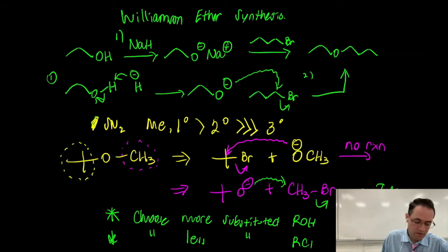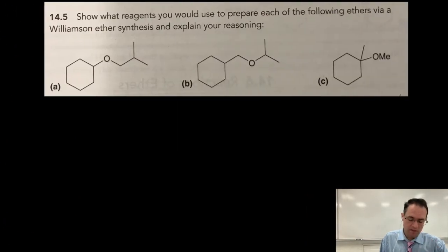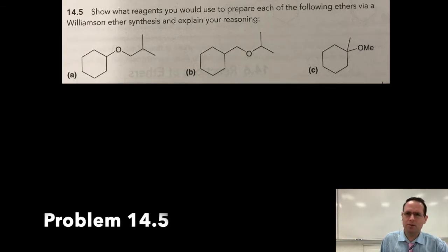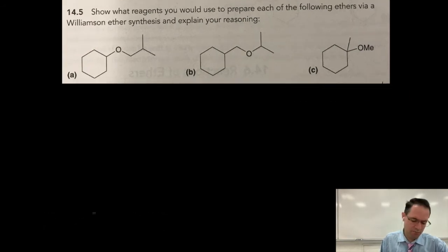And then you want to use these two steps up here. You want to take your alcohol and treat it with sodium hydride. And then step 2, you want to indicate adding the alkyl halide to the reaction intermediate to give you the product. Okay? So let's see how this works with problem 14.5 in the Klein book.